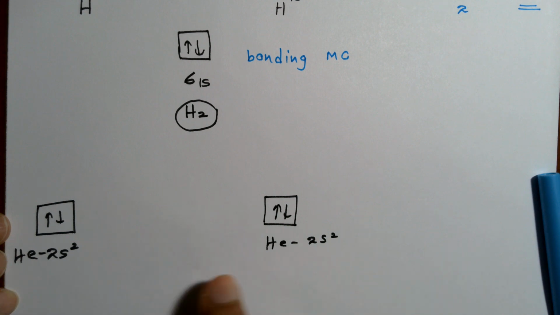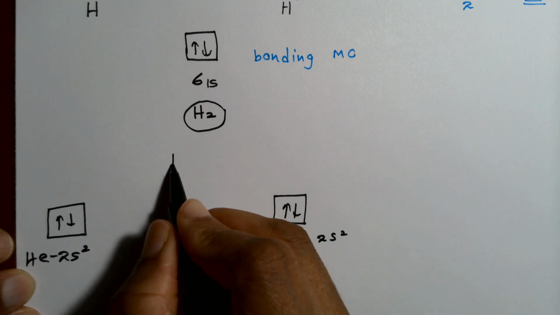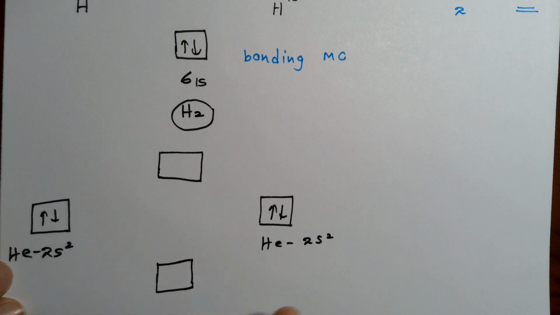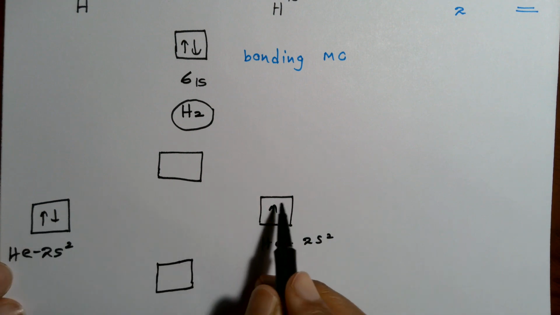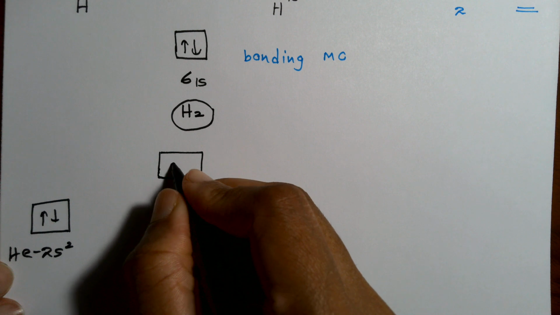This helium again forms sigma orbitals because the atomic orbitals overlap along the internuclear axis. One is lower in energy, the other is higher in energy. And again, electrons are filled from lower energy to higher energy. Here 2 electrons plus 2 electrons is 4. So we need to fill the 4 electrons starting from the lowest energy molecular orbital to the highest.